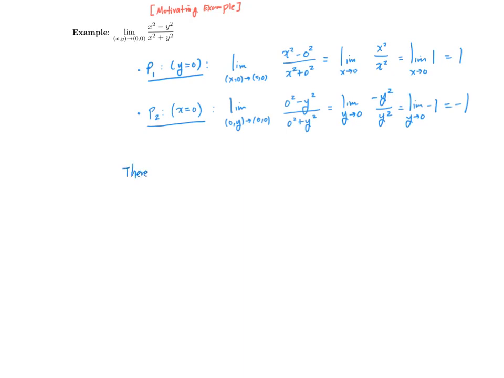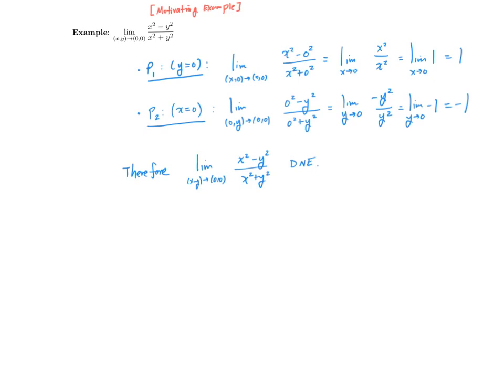So the last thing we need to do is give our conclusion. We have all of the work out of the way. Make sure we write down what this work tells us. The conclusion: therefore, this limit of interest, and we always need to rewrite this down so we know specifically what limit we are talking about, does not exist.